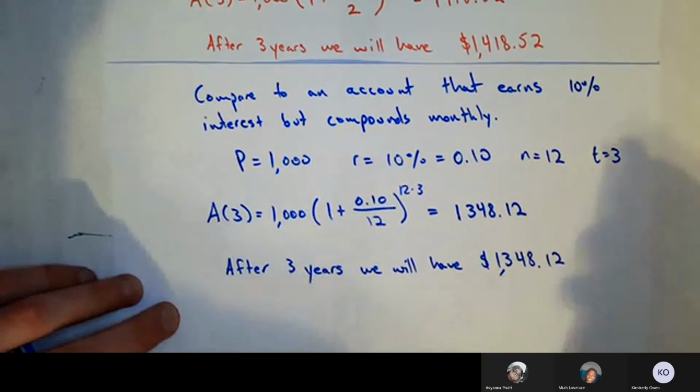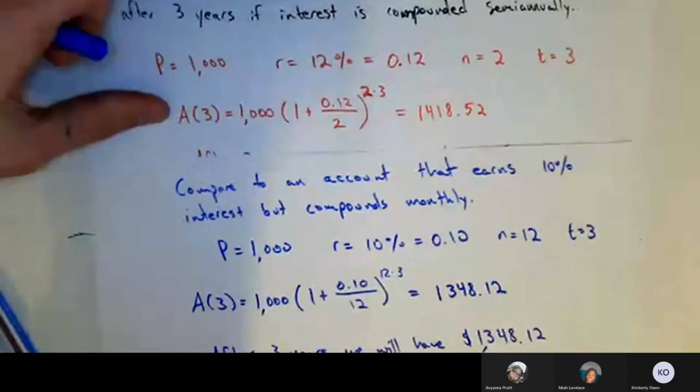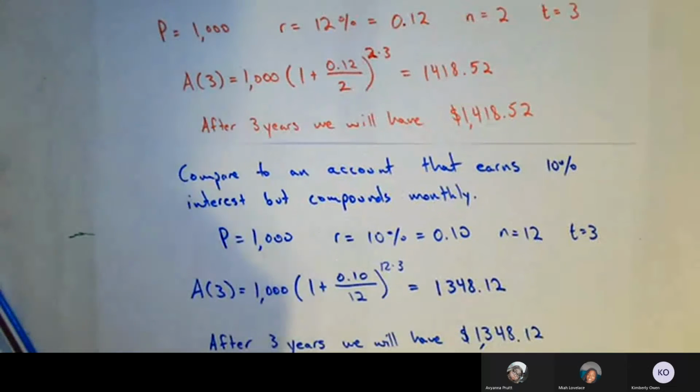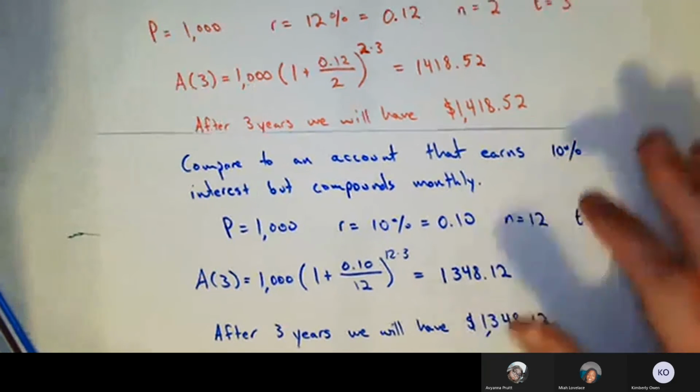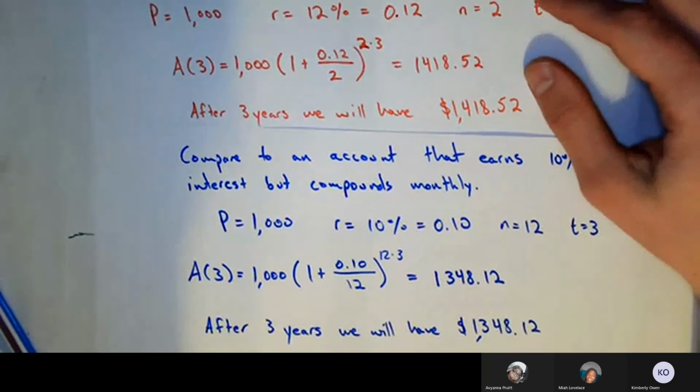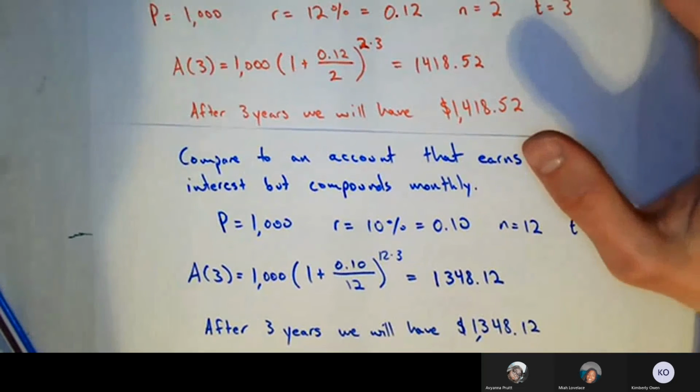So clearly your current account, or account 1, with the higher interest rate and lower number of compoundings, earns more money. So there's a lot more to say about this number of compoundings thing. For instance, let me just explain what this compounding thing is.